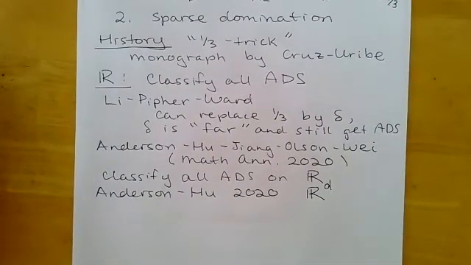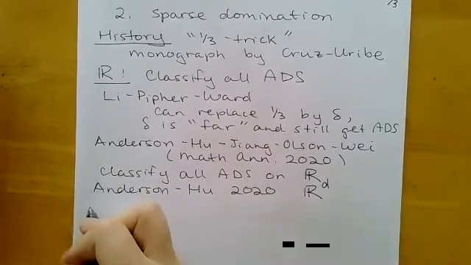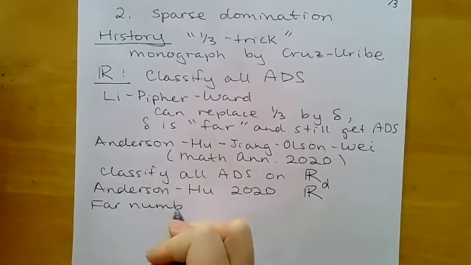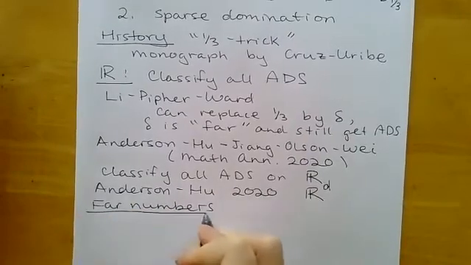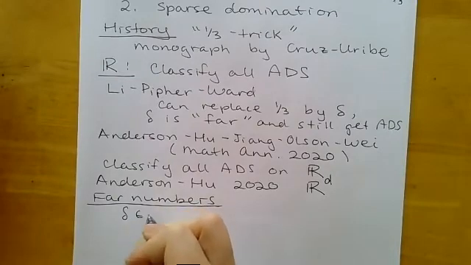So I promised a definition, first of all, of these far numbers, so you can see more examples of adjacent dyadic systems. And this is where the number theory comes into play, because this is a very number theoretic condition. And I'm going to extend this definition to n-adic grids, but if you would like, just think of n being 2 for the purposes of this talk.